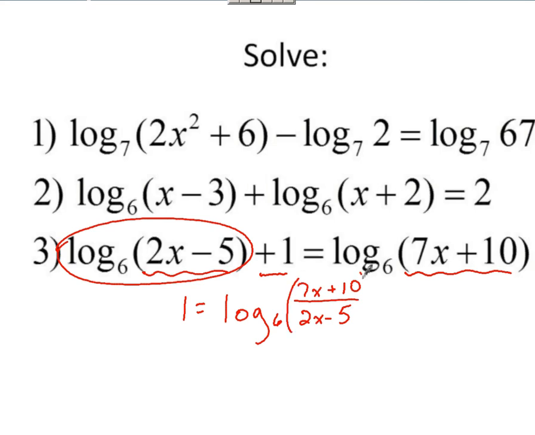We're not used to seeing the logarithm on the right side, but we are used to seeing just one logarithm and understanding that to convert this over to an exponential form, got to hop back on the merry-go-round, right? So it's 6 to the first equal to 7x plus 10 over 2x minus 5. So 6 to the first being 6 equals 7x plus 10 over 2x minus 5.